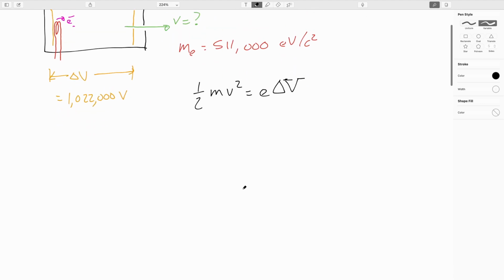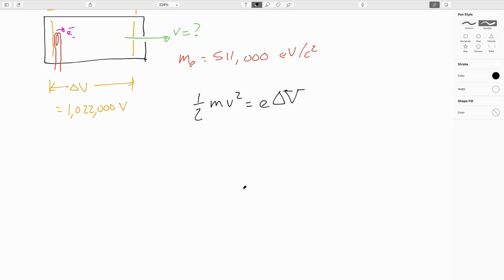So we can solve this for the speed of our particle. So v is going to be the square root of 2e delta v over m. And the beauty of working in eVs, remember, is that they literally give you an e to cancel off against that e. So we don't have to substitute in any 1.6 times 10 to the negative 19s or anything.